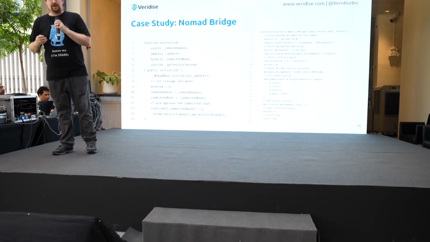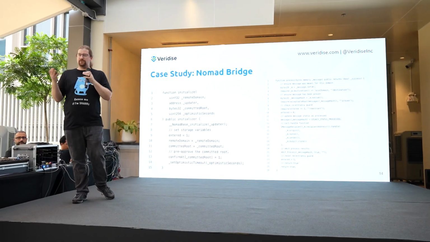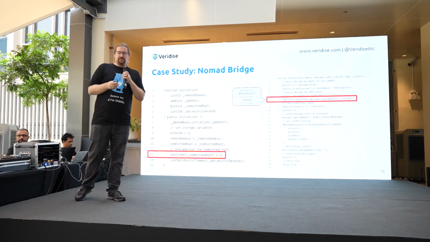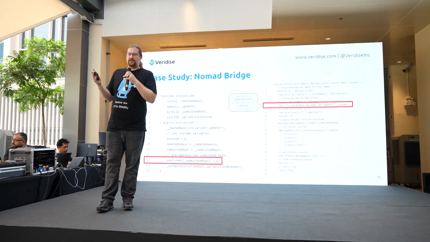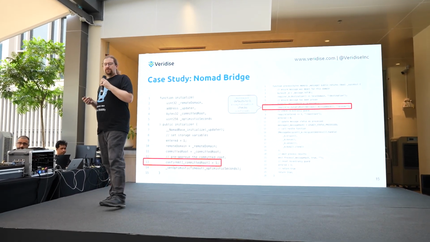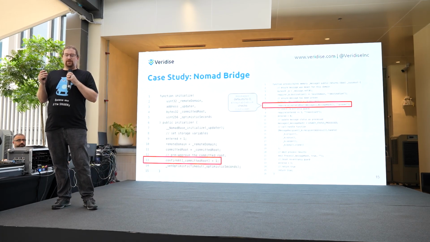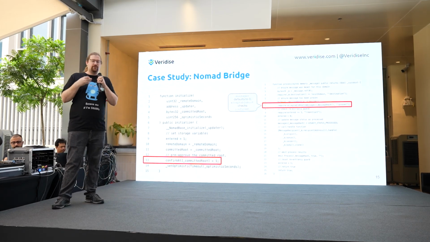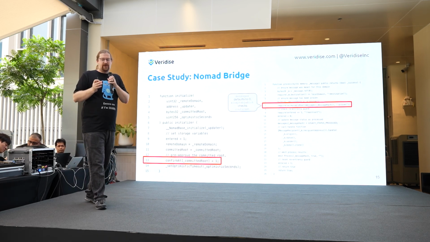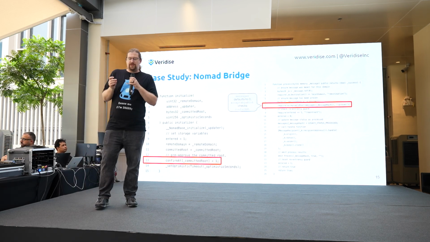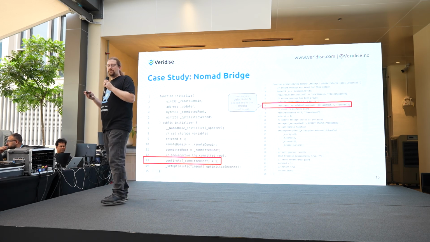So we can take a look at an example where this, again, made it into production and what happened. This is what happened with the Nomad bridge, which corresponds to one of the biggest hacks that we have seen. Basically, what happened with Nomad is they allowed their admin to initialize their bridge, but their admin made a mistake. They set this committed route to 0.